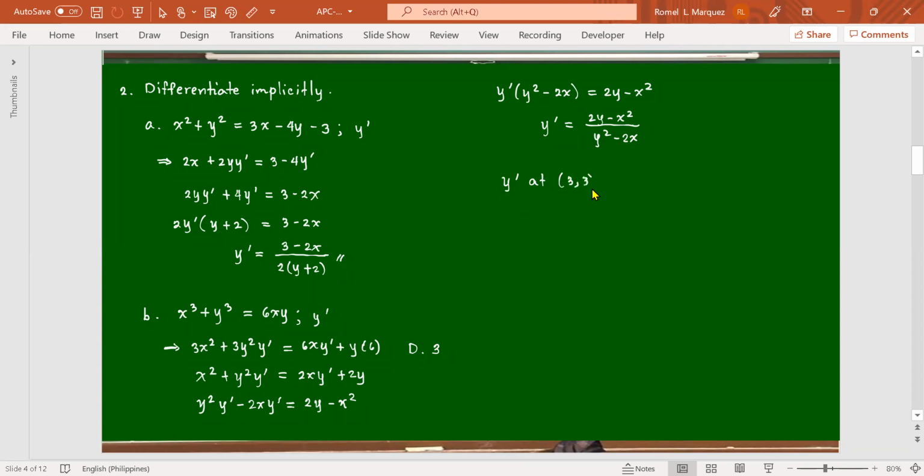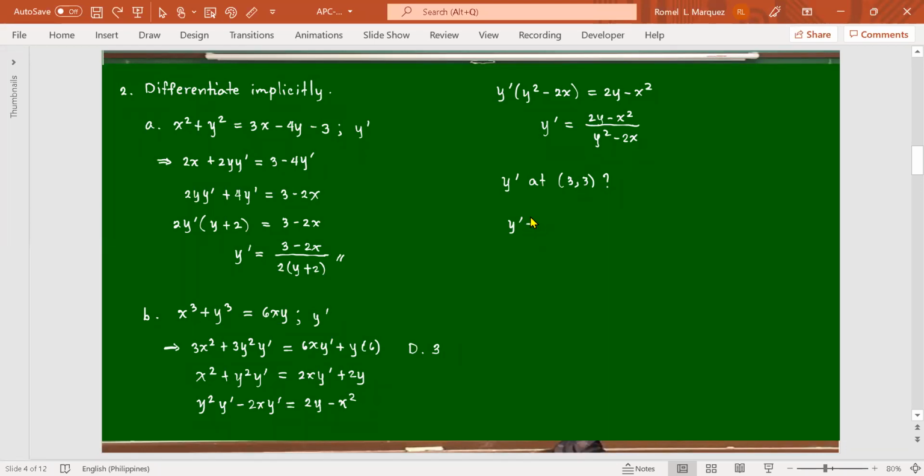But you have to check if this (3, 3) is really on the curve, no? 27 plus 27, 54. 6 times 3 times 3, so 9 times 6 is 54. Okay, this is on the curve. So all you have to do is to substitute.